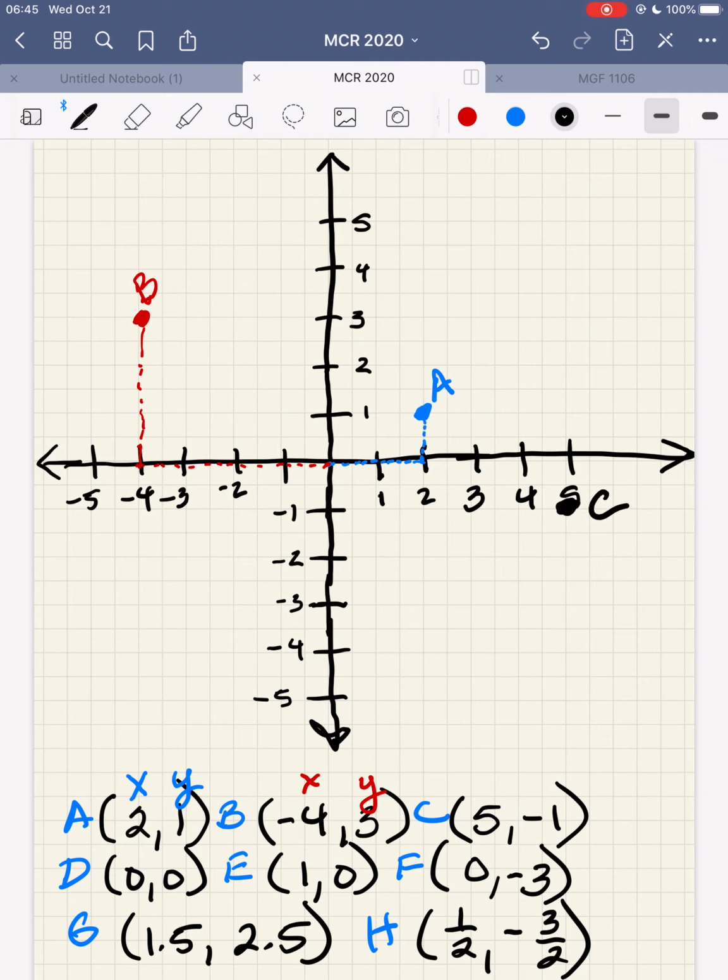And this is point C. D should look familiar. It is 0, 0, which means I'm not moving away from the origin on my x, and I'm not moving away from the origin on my y. This is the origin. So I plot the origin, and I call that D.